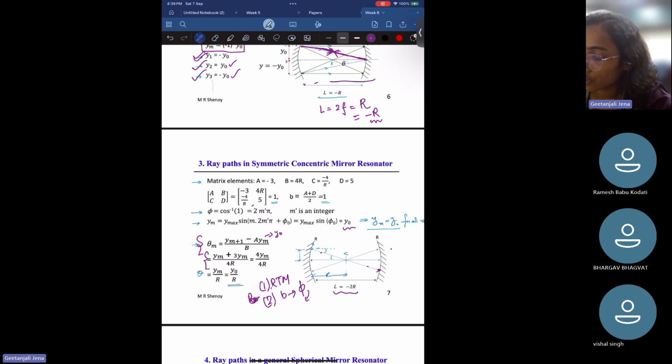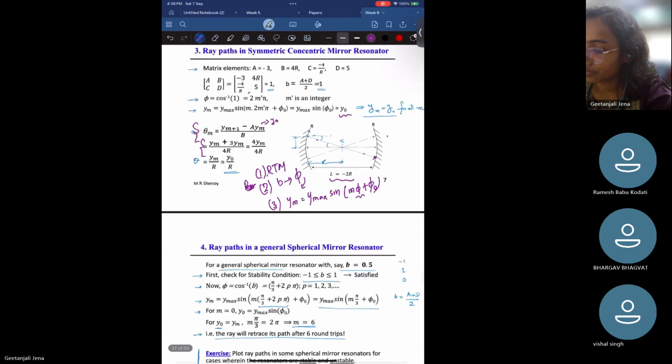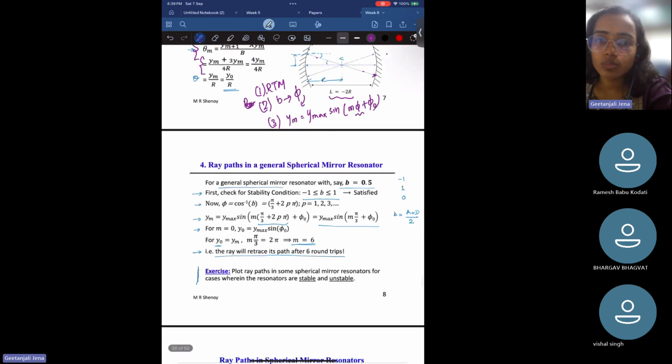And using phi, you put it in the ray equation, which is ym equal to y max sin of m phi plus phi 0. Using this, just put the value of phi and the initial condition to get the ray paths, the conditions for ym and theta m, for a given type of resonator. So these are some special cases like plane mirror resonator, confocal and concentric mirror resonator.